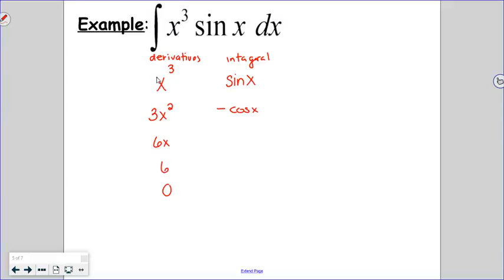So now going from negative cosine of x, what would its antiderivative be? Negative sine x. Okay, the antiderivative of negative sine x is cosine x, and the antiderivative of cosine x is sine x. Cautious with your positives and negatives. Okay, I'm going to pause there. Any questions on any of that?